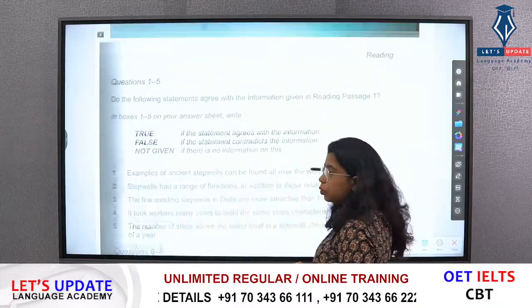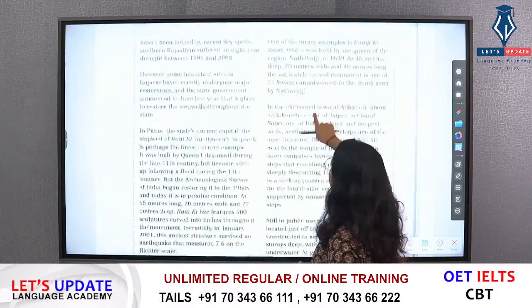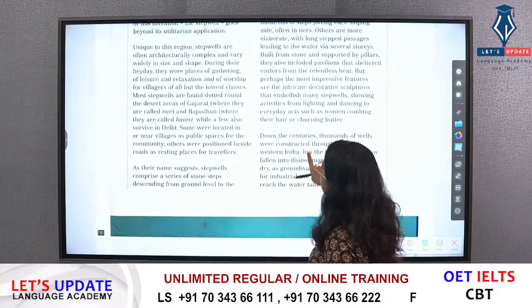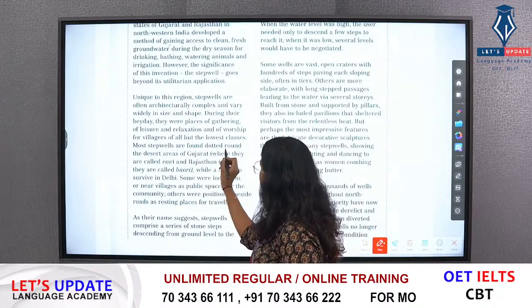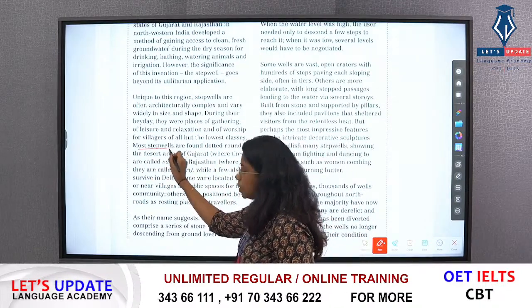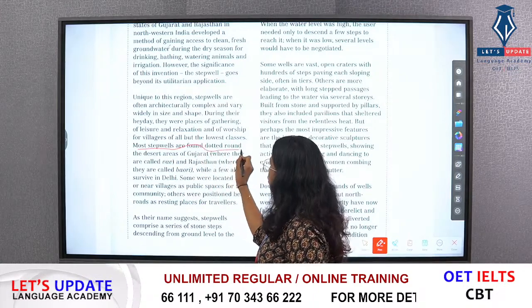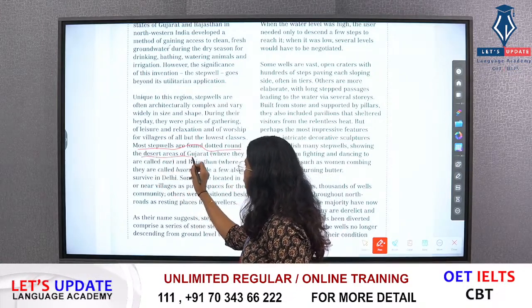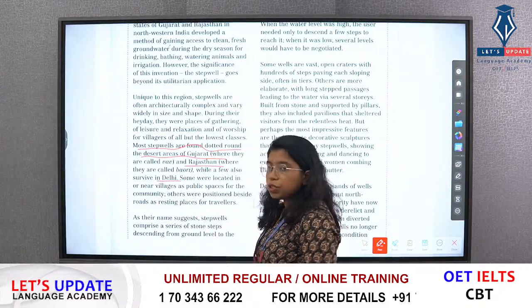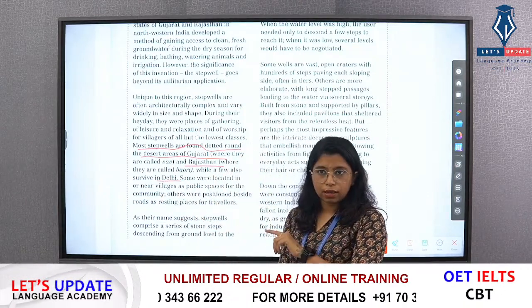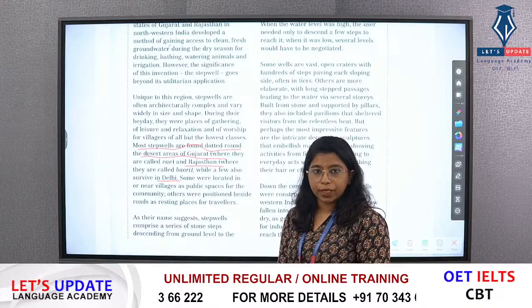So we are moving to the passage. In the second paragraph, you can see: most stepwells are found dotted around the desert areas of Gujarat, Rajasthan, and Delhi. These are places in India, not all over the world, right?